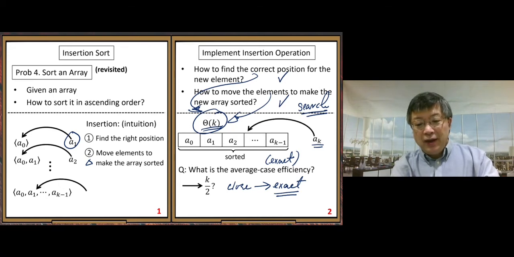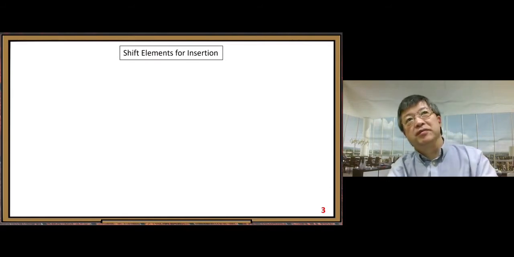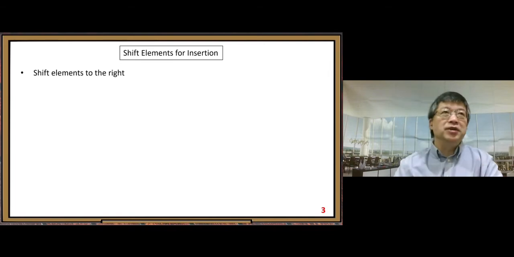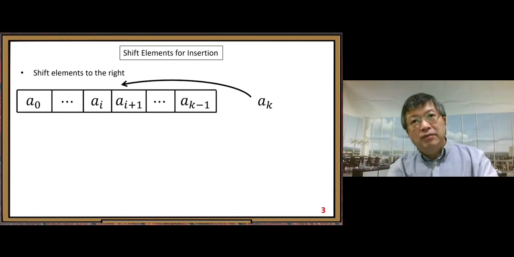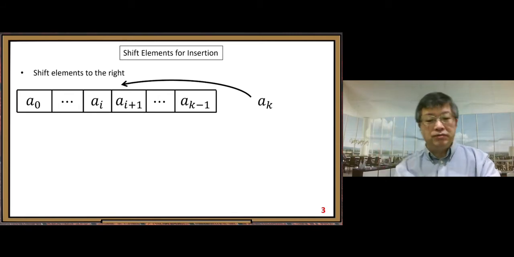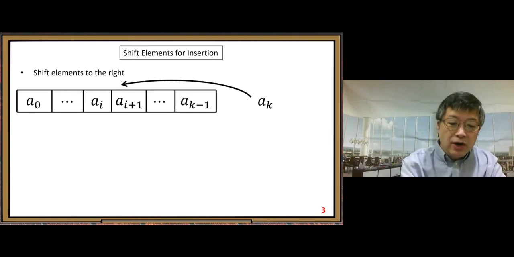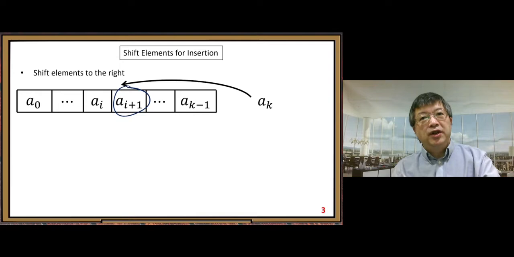All right. Next, shift elements for insertion. How to shift elements to the right to leave some room for the new element? Pretty straightforward. Here I just use a simple diagram to explain that procedure. Suppose AK should be inserted in this location.